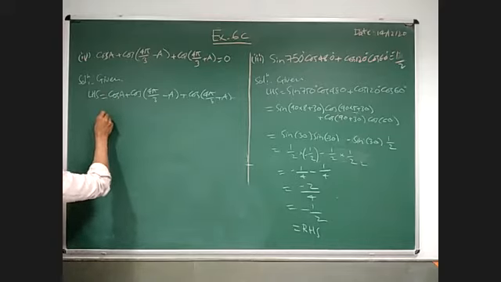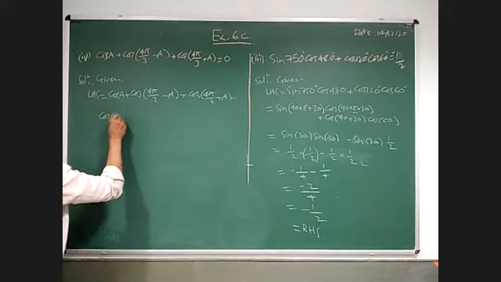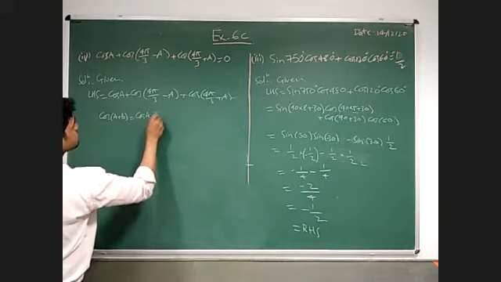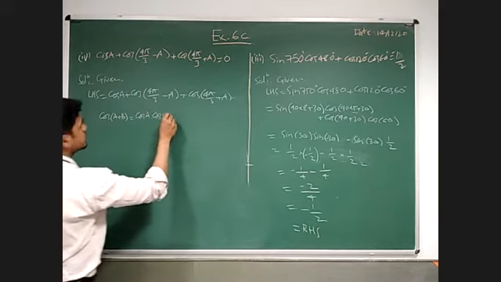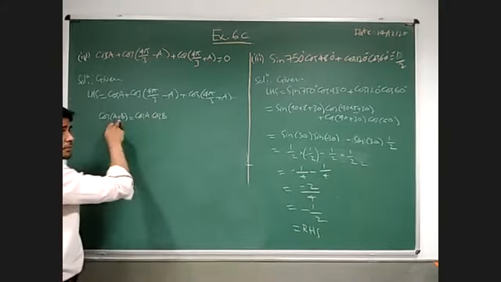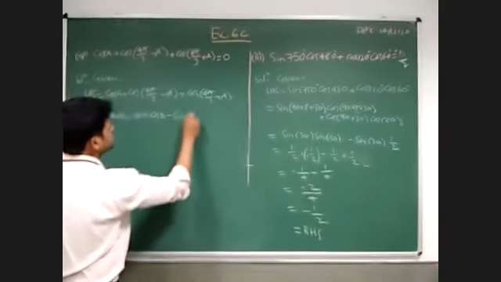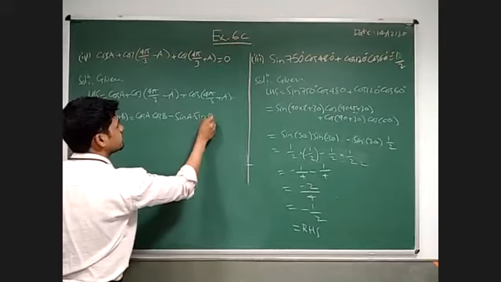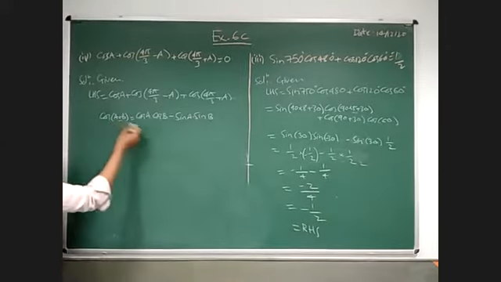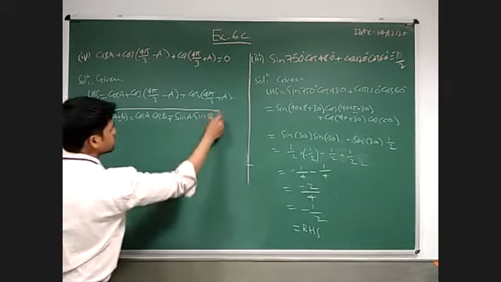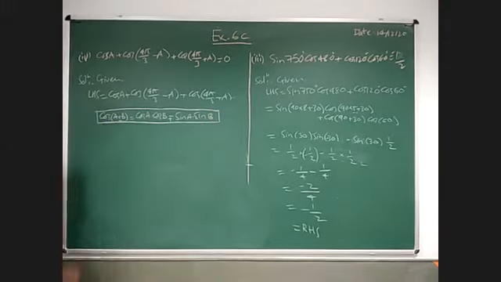Cos A plus B is nothing but cos A into cos B, if here we have plus, then here we will have minus sin A into sin B. If we have minus, then here we will have plus. So this is the formula for cos A plus B or cos A minus B.